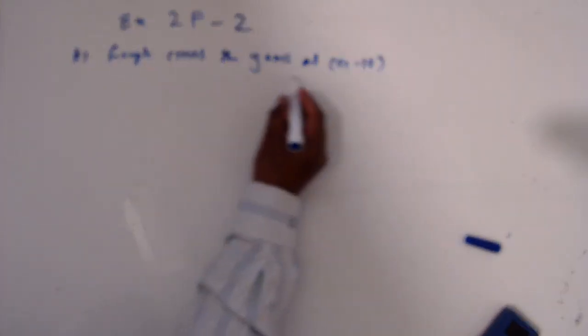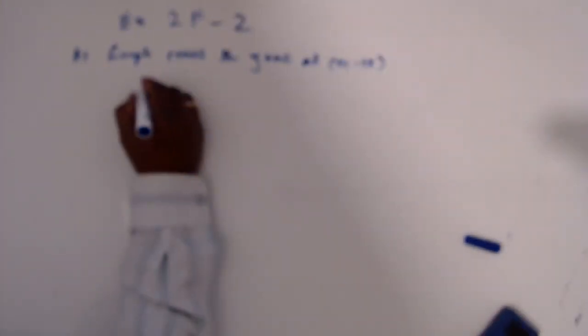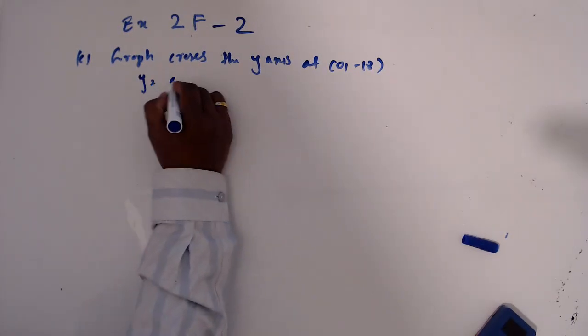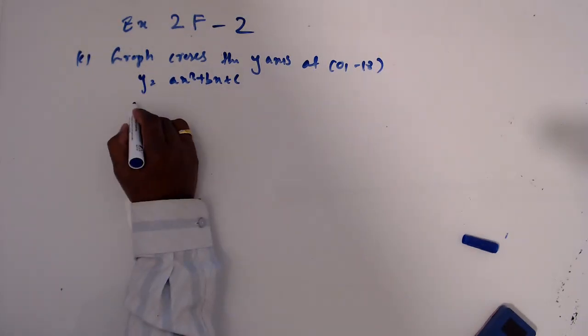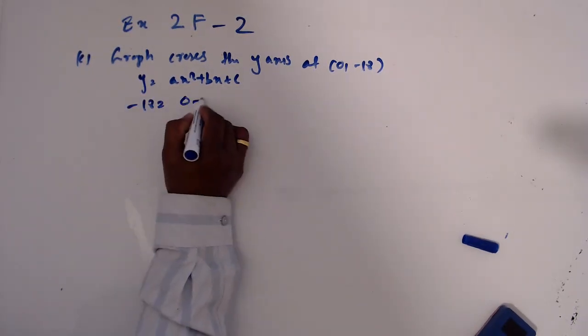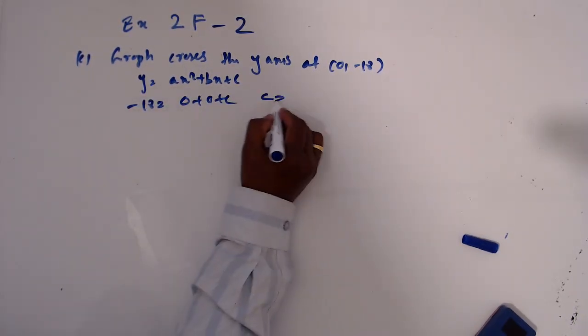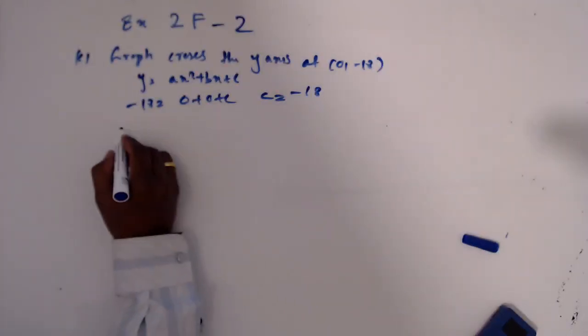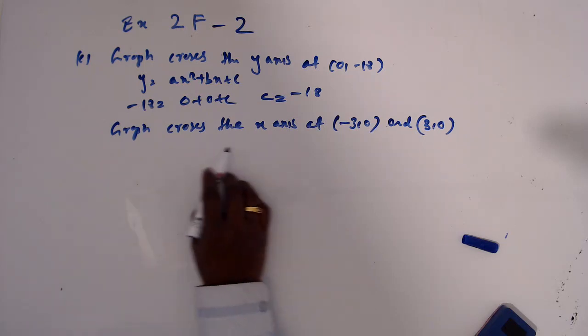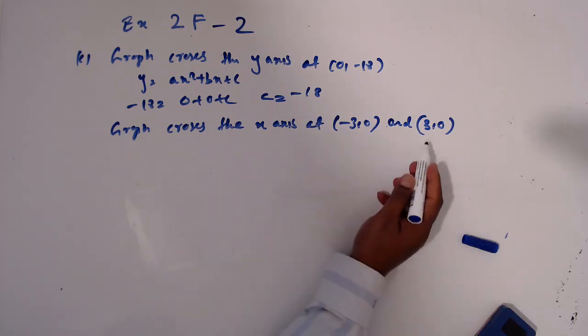Part C, the graph crosses y-axis at 0, minus 18. So y equal ax square plus bx plus c. So minus 18 equals 0 plus c. C equal minus 18. Then the graph crosses x-axis at minus 3, 0 and 3, 0.